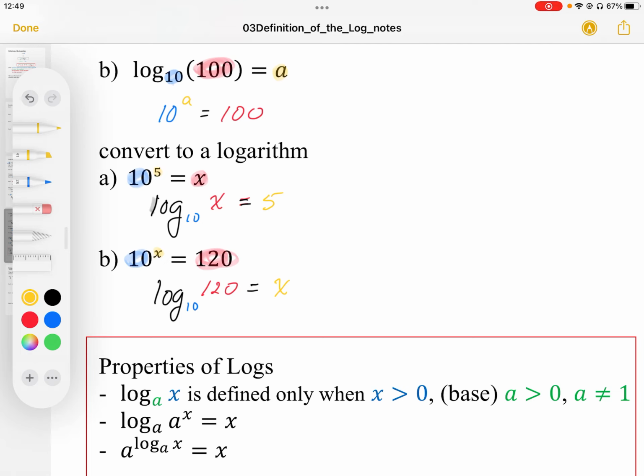Okay, in this case here, if we want to solve for x, we can use the log. So if I use my log base 10 of 120, that gives me 2.079. So x is 2.079.